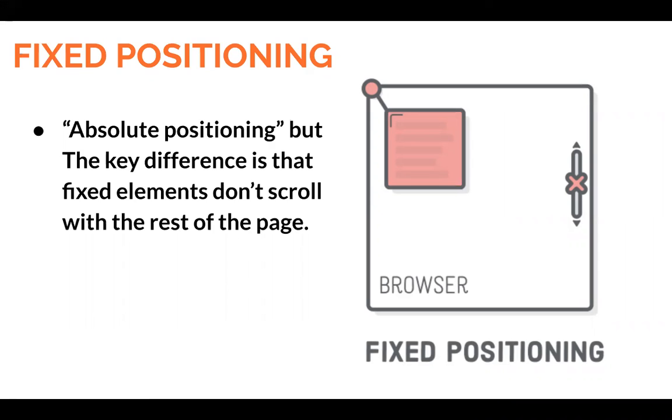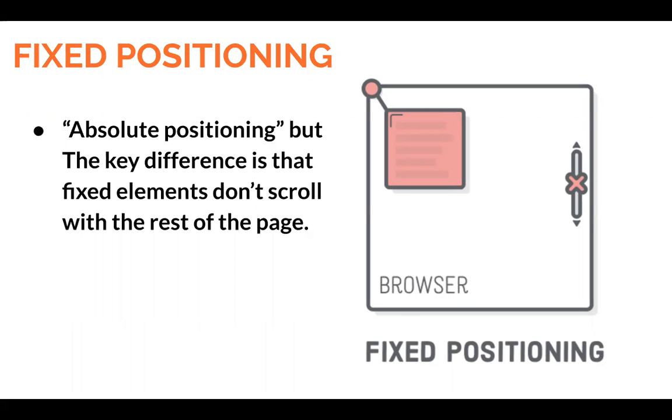With absolute positioning, when you scroll, it scrolls with the browser. With fixed positioning, it is positioned the same way, but no matter how you scroll up and down, it is still there.